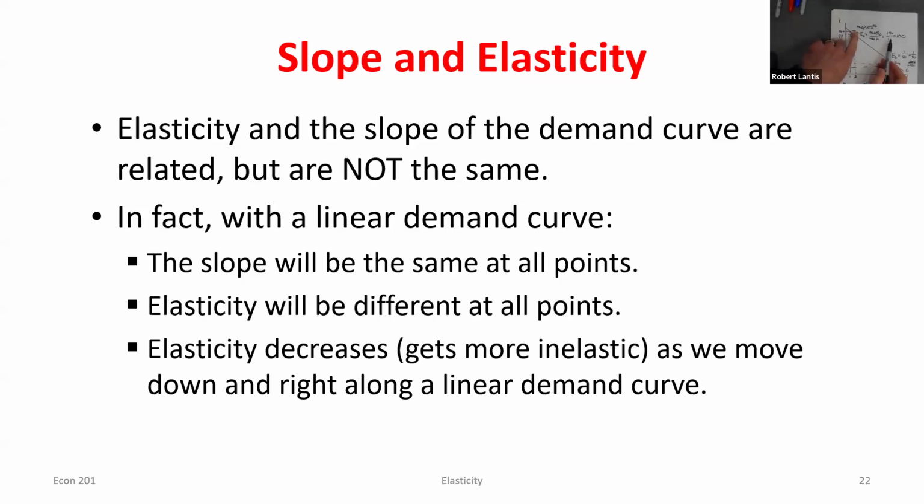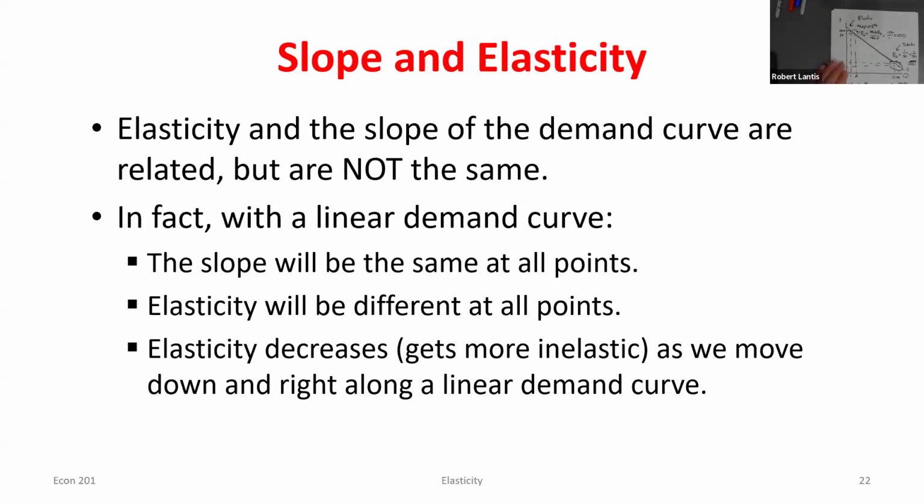I start out initially elastic. As I move to lower prices, higher quantities, this portion of my demand curve is less than 1, so we would say it is inelastic. As a rule of thumb, our demand curve starts out as elastic, and as we move down that demand curve, it becomes inelastic.